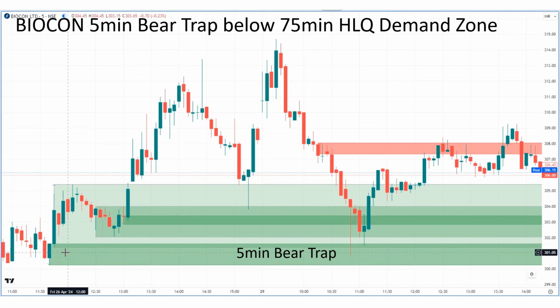And also remember, institutions look from two points of view. One is the 5 minutes point of view or even the 15 minutes point of view, because there are many traders who take trades at the 15 minutes level, not at the 5 minutes level. They don't bother about whether the 15 minute zone is a fine tuned zone or not.